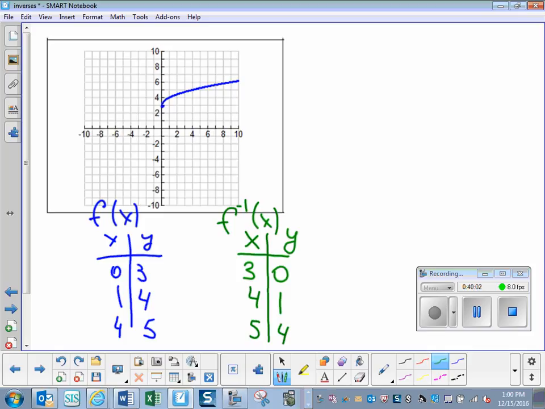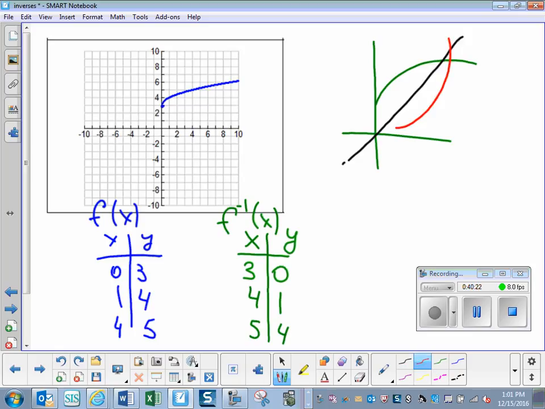By the way, if you remember that symmetry, there is your line right here, and it has to be symmetrical around the line. So if I draw my line of symmetry for all of those inverses, it should look something like this. That's some reference.